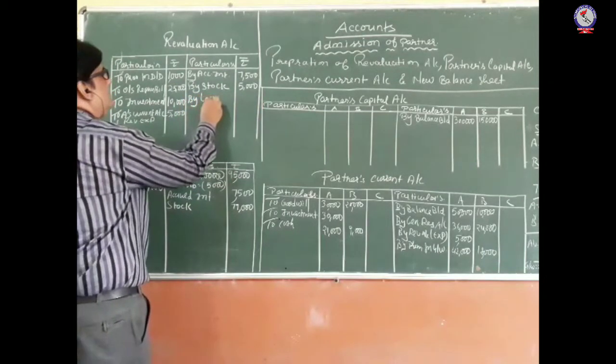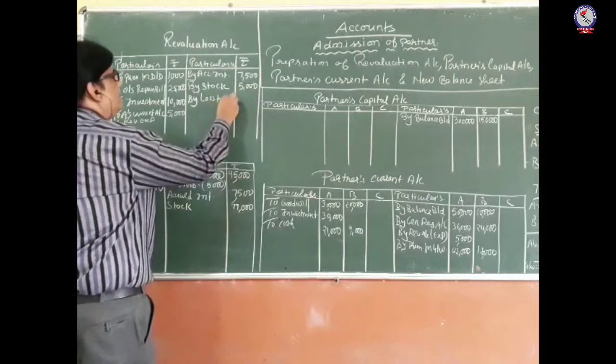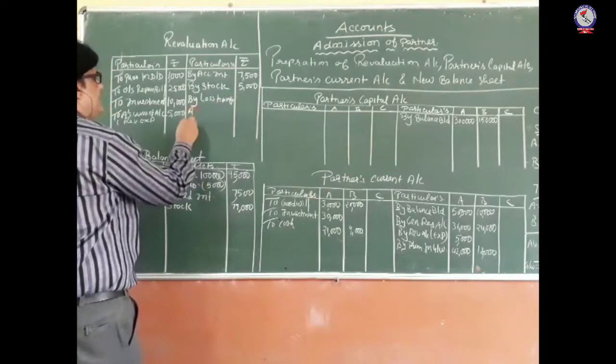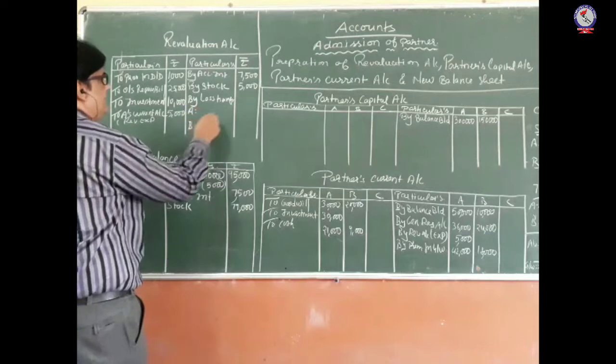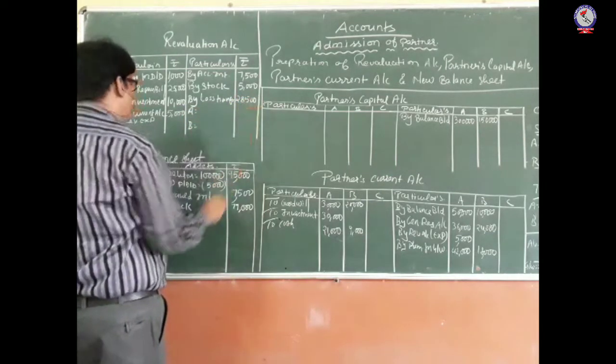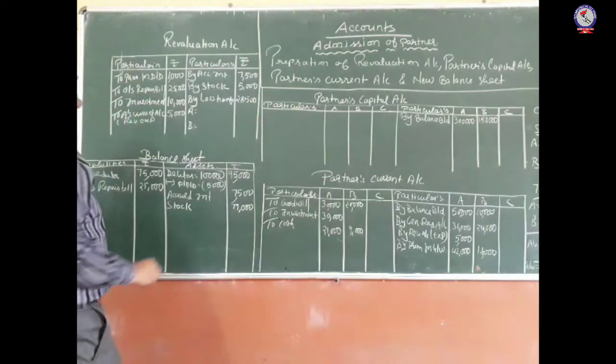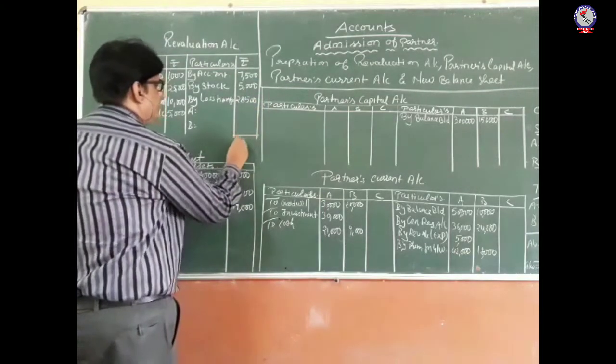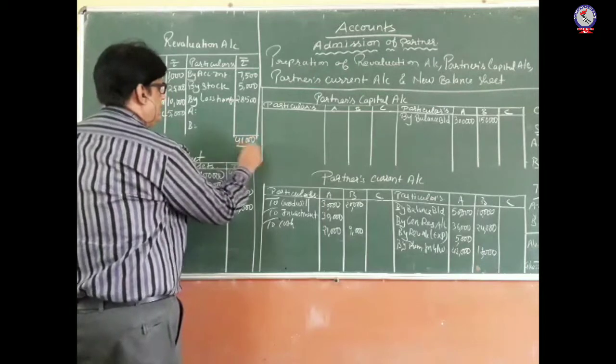By loss transfer to A's capital account and B's capital account, 28,500. So the total closes at 41,000.